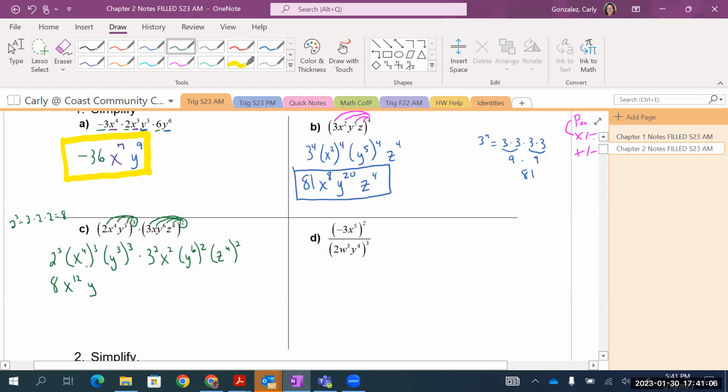So we get x to the 12th. 3 times 3 is 9. So we get y to the 9th power. 3 squared is simply 3 times 3, or 9. Bring down the x squared. Again, multiplying exponents, we get y to the 12th and z to the 8th.